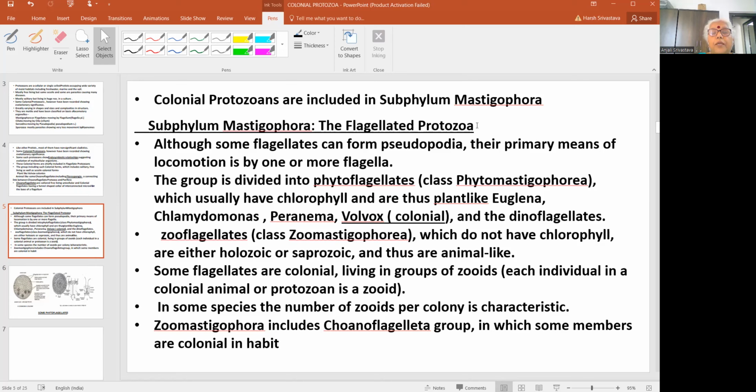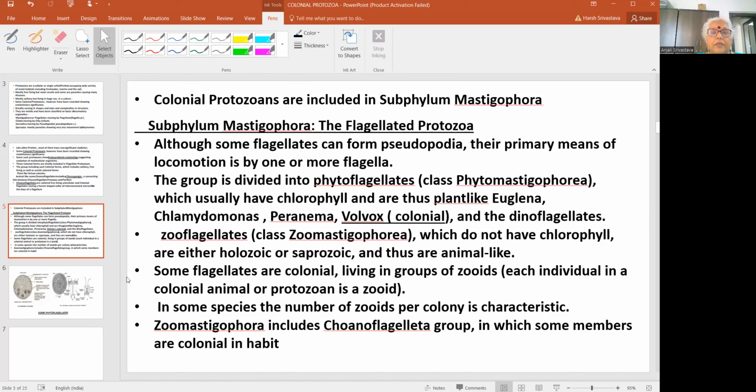Rather, they have been isolated in a group of plant-like algae, and they are now called green algae, whereas certain brown and golden algae are also included in this group, which represent the colonial forms. The most brilliant example of Phytomastigophora or the algal group is Volvox.